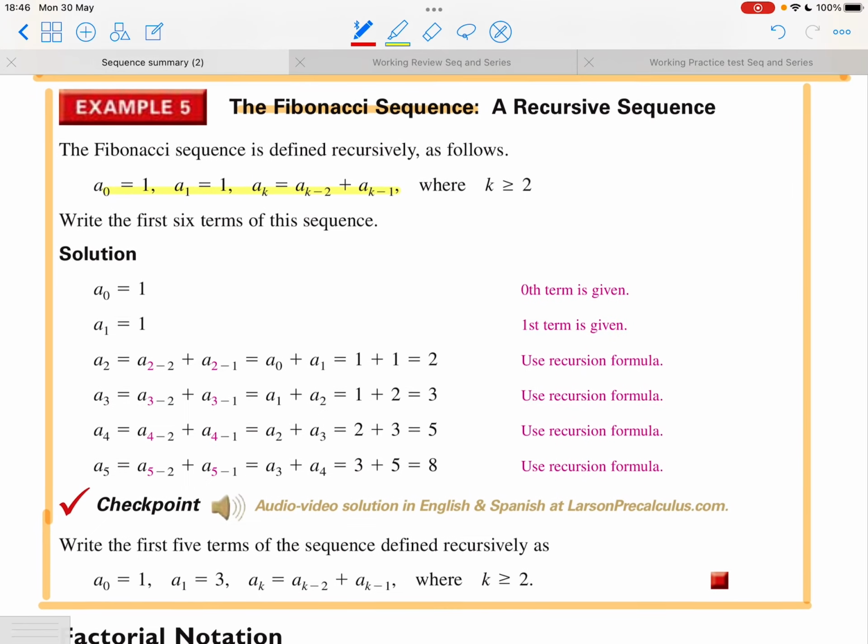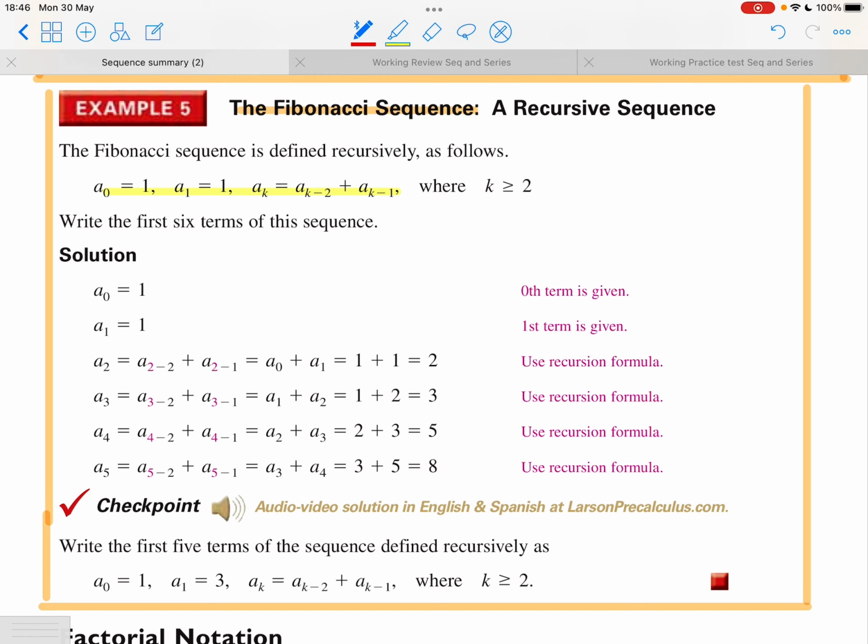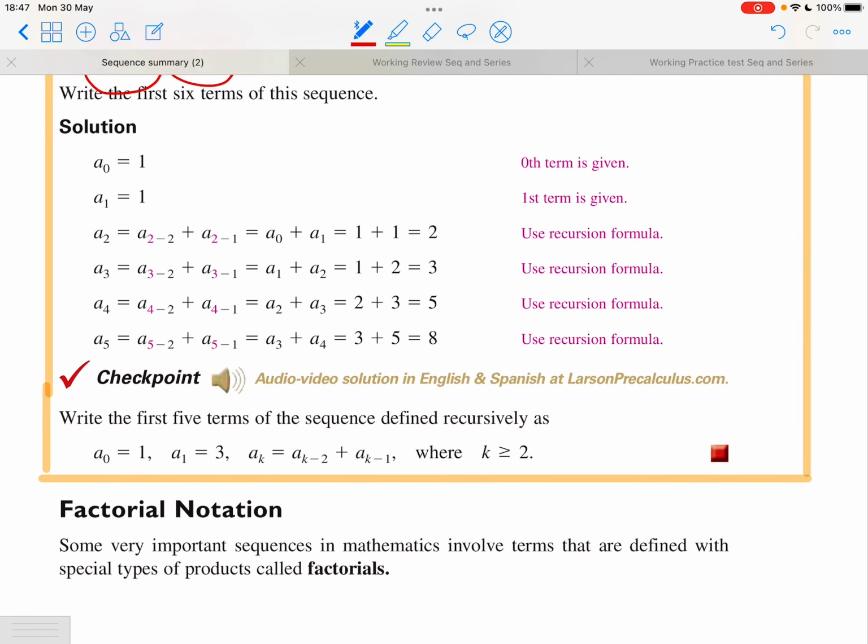For example, the Fibonacci sequence is a recursive sequence. It is defined recursively: a0 equals 1, a1 equals 1, ak equals ak minus 2 plus ak minus 1, where k is greater than or equal to 2.